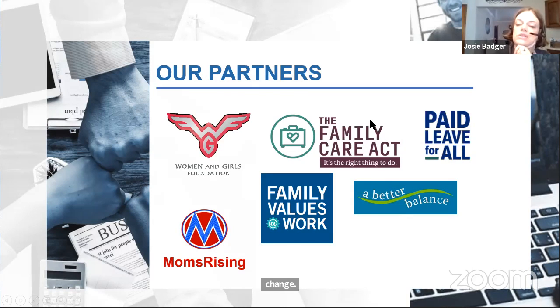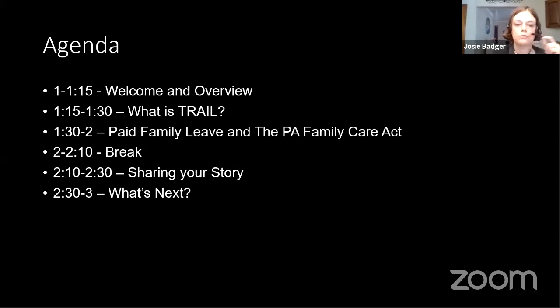The Family Care Act is really what we're working on in the end product, to get the Family Care Act passed. Paid family leave for all, they're helping to fund this, super important. We also have support from MomsRising and Family Values at Work. These people are amazing and we're really grateful for them.